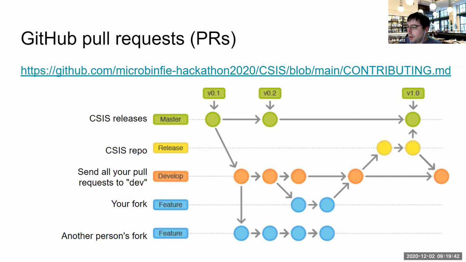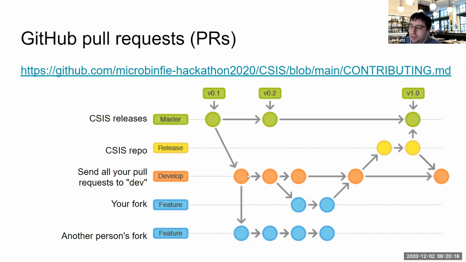I didn't make this flow diagram, I've put it in the slide. I borrowed this from somebody else. But we're gonna basically have, here we go, I think you can see my mouse on my screen. This is gonna be the main repo where we have very stable versions. And we might just have like this release repo, but we're gonna have a develop branch, a dev branch. And that's gonna be where the main action's gonna be. A lot of changes are gonna happen there.